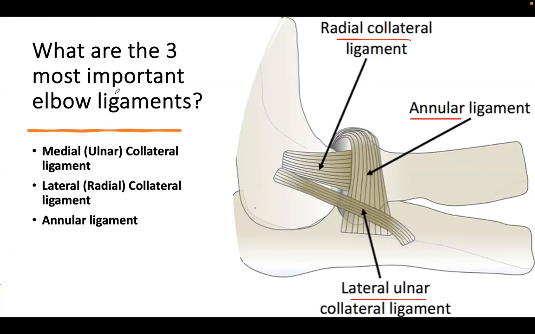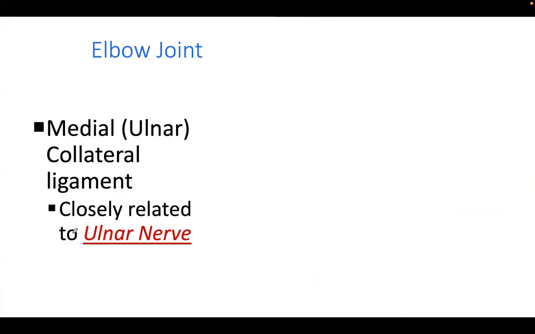I strongly encourage you to be familiar with these three ligaments of the elbow joint: the medial ulnar collateral, the lateral or radial collateral ligament, and the annular ligament.